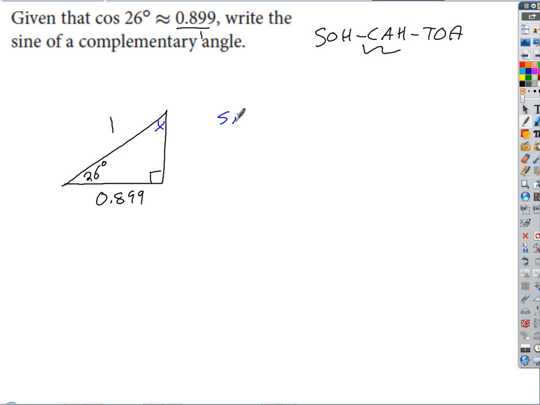So then we could say the sine of 64 degrees equals what? What's the ratio for sine? So what's that? 0.899, right? Everybody agree? The ratio of opposite from x's perspective, that's opposite and that's hypotenuse.